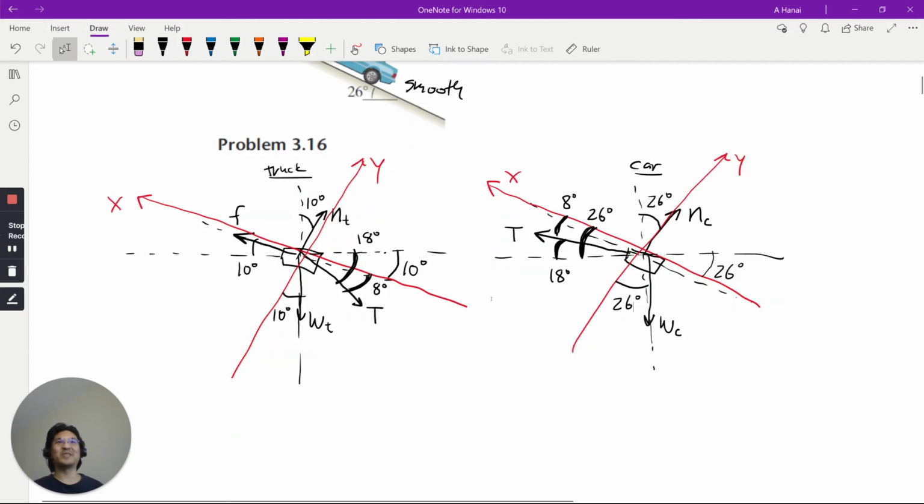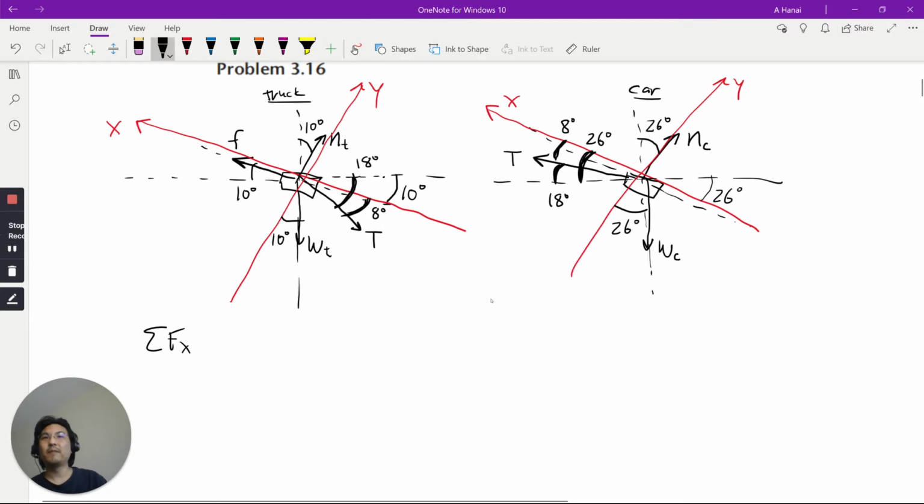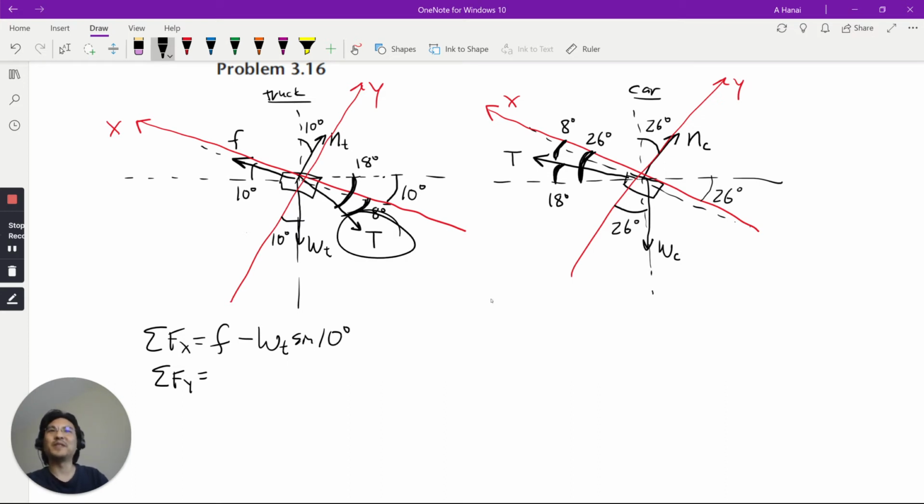So let's write Newton's second law decomposed. Okay, so x is here, right? So the x component of the friction is just positive. The x component of the weight is negative, and it's opposite the angle, right? So minus sine. The x component of the tension is negative and is adjacent to this angle, equals static.